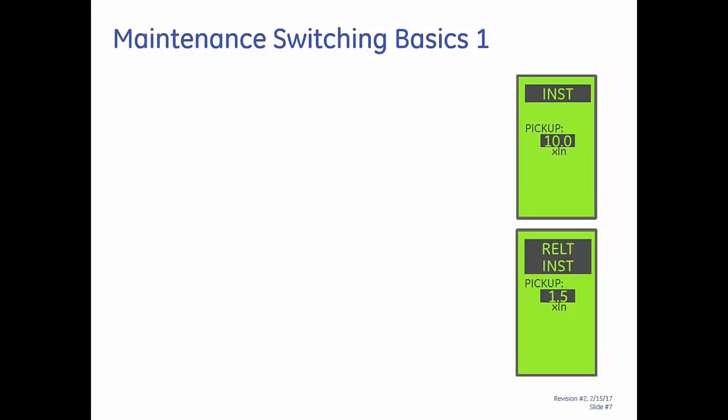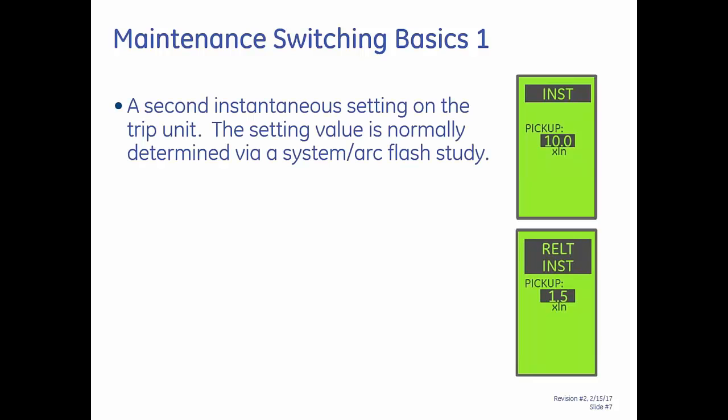All right, before we talk about modeling this capability, let's talk about some of the basics. First, when we say a maintenance setting, it's basically a second instantaneous setting that is available on the trip unit. The setting should be different than your normal instantaneous setting to get the effect of an arc energy reduction, and it should be determined by a system or arc flash study.